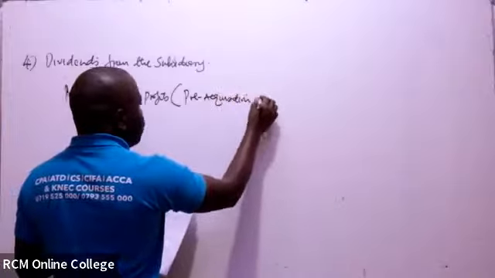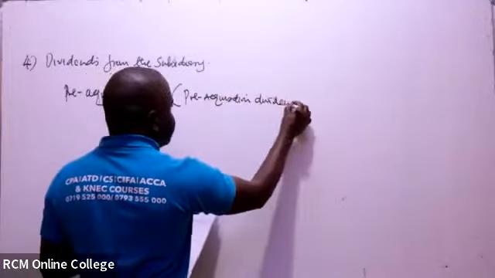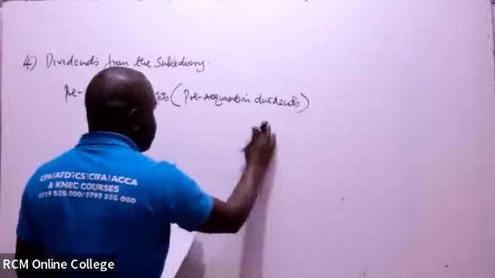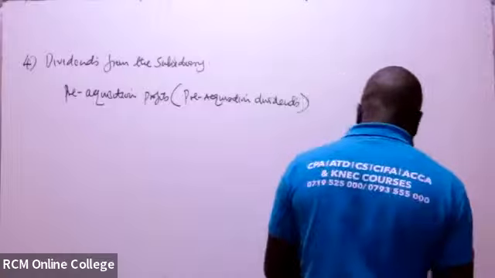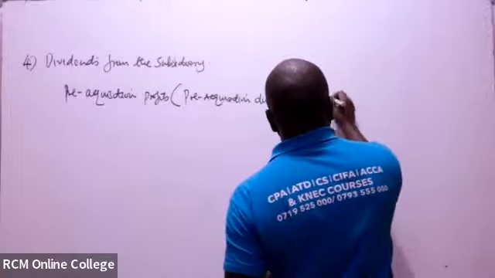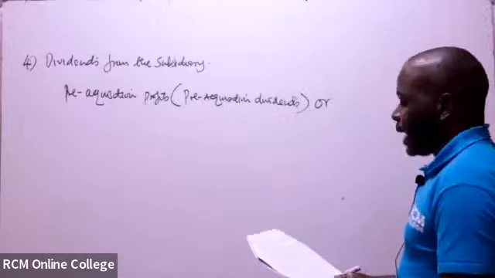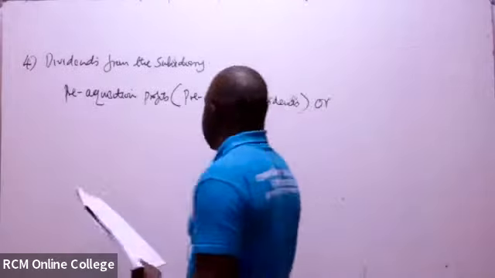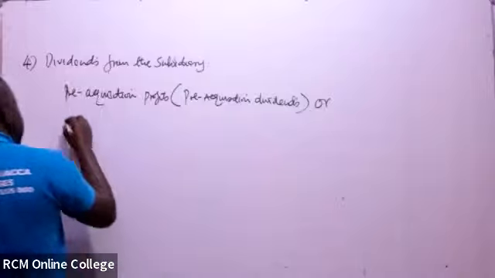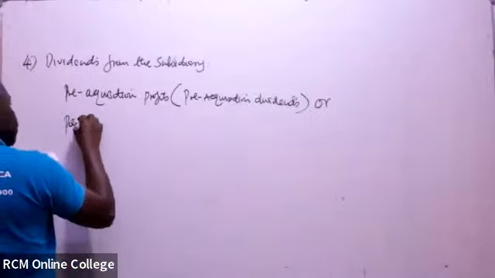We call it pre-acquisition dividends, the dividends that were actually paid by the subsidiary before it was acquired. Or it can be paid out of post-acquisition profits, this is after acquisition.